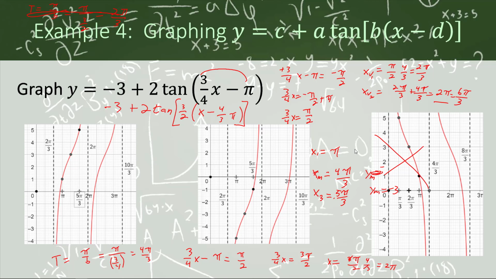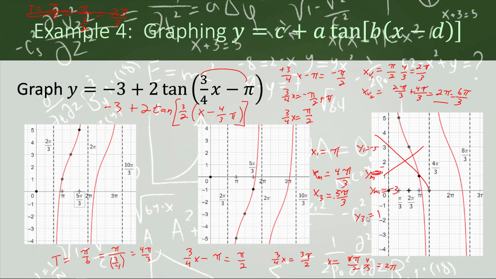And that will be negative 1 times 2 is negative 2 minus 3. We will have that y at the first quarter is negative 5. And then finally, y at the third quarter will be equal to negative 1.